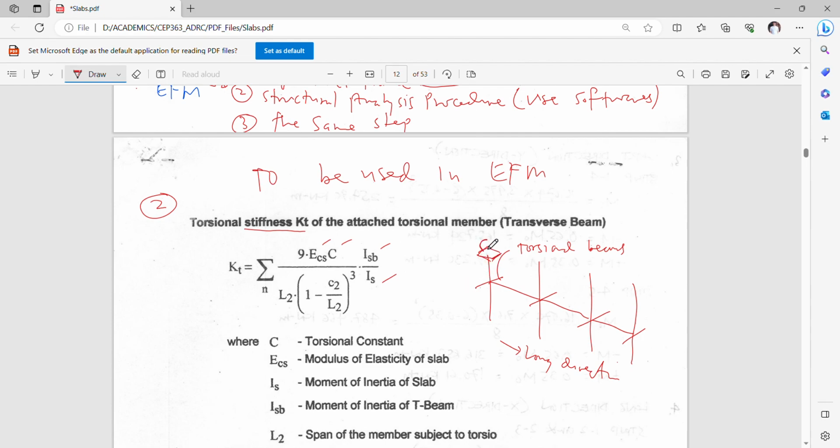So this is your C and this is your C1. So C2 is the dimension along the transverse direction because this is a transverse torsional member. L2 is the bay, no? If this is the transverse, L2 is the distance from this point up to the next frame column strip here.